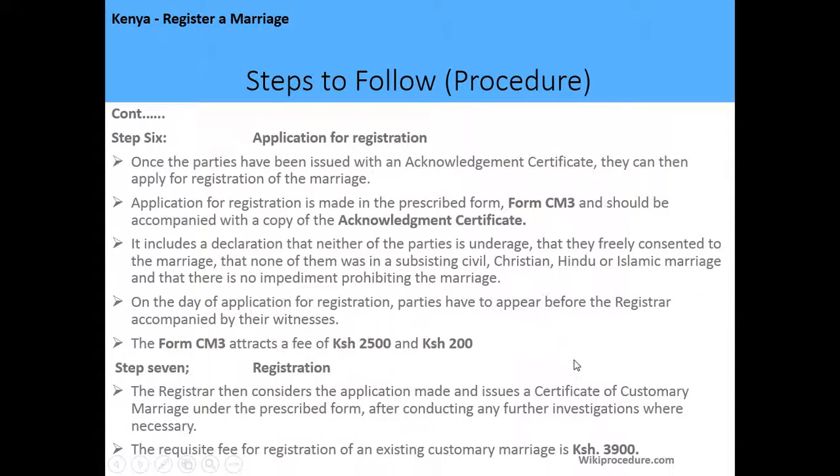On the day of application, parties have to appear before the registrar accompanied by their witness, and the form attracts a fee of Kenya shillings 2,500 and 200 for lodging.